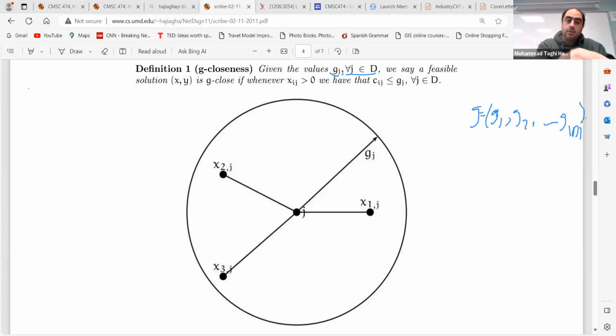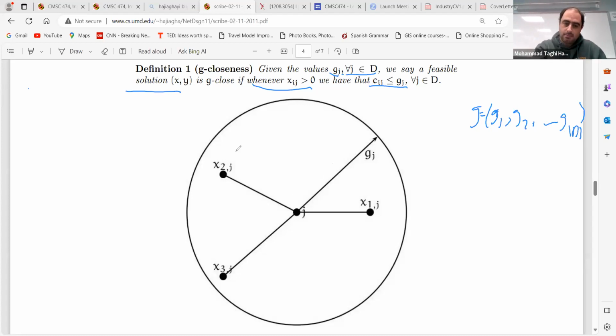We say a feasible solution xy, a feasible solution being a solution to that LP, which is fractional, is g-close if we have this property: whenever xij is greater than 0, it can be fractional between 0 and 1, but we want cij to be less than or equal to gj.